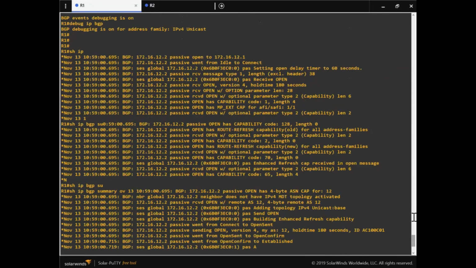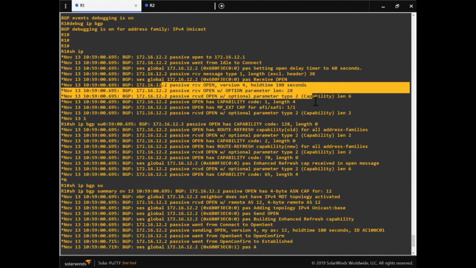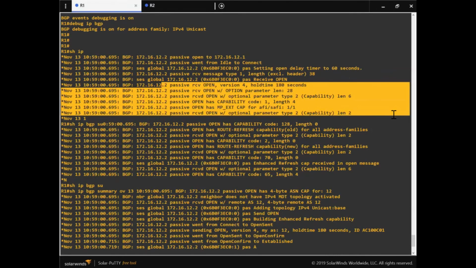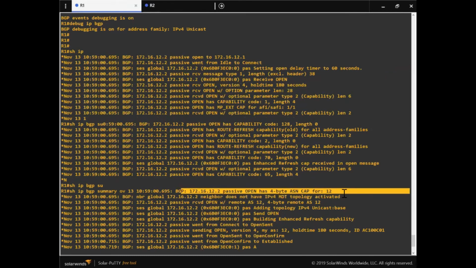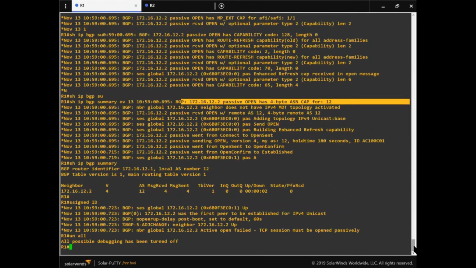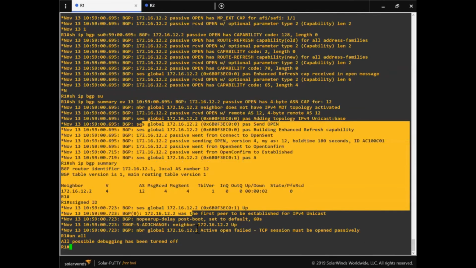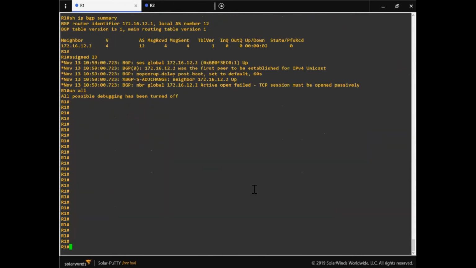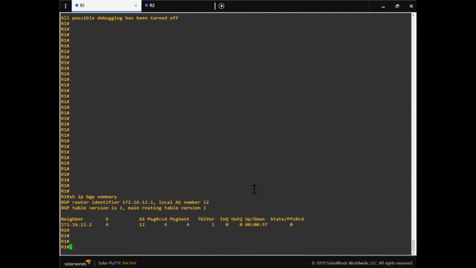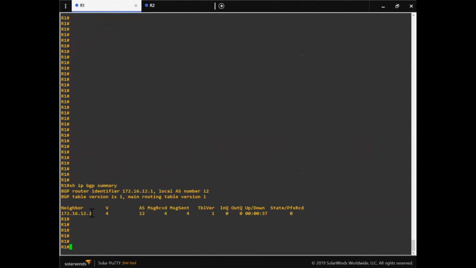This is still under the passive form, but it is able to listen to the traffic. And when it is having the traffic, it goes from passive to the open state, and then again it is building up different things. We will talk about the different states later on. But if I check show IP BGP summary, I can see the neighbor is up now and the state is not visible, but the prefix received is 0. I am not having any network learned from my neighbor.